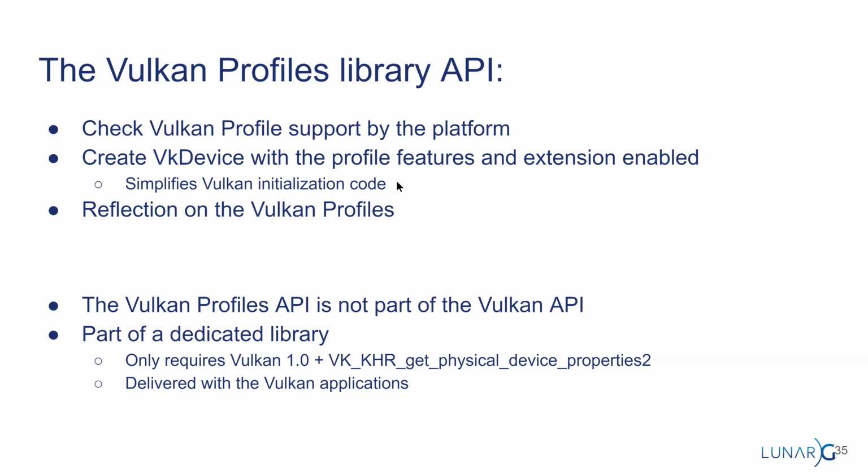So we could use the library to simplify the Vulkan initialization code in our Vulkan application. And we also have a bunch of APIs to do reflection on the Vulkan profiles. This is to know, in the C++ code, what property, what format, what feature are specified in the Vulkan profile.